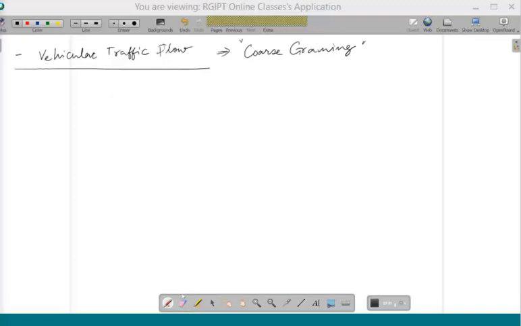Suppose you have a bunch of particles spread like this. You can see that it is dense in this region, less dense, and further less dense. So I can smear out these individual entities.